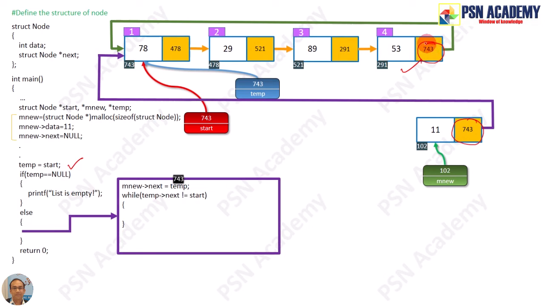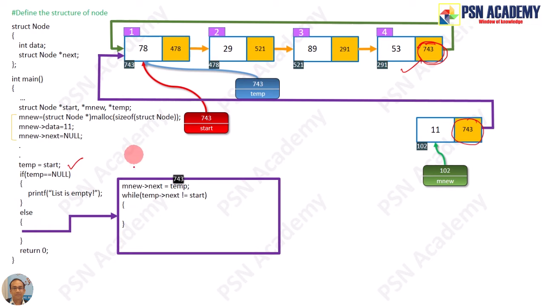So this is the only thing which differs from a conventional linked list, right? So to adjust the next pointer in the last node, we have to find out the last node first. So that is why we are running this while loop. I repeat, in a conventional linked list, this while loop was not required because the last node there was having the next pointer pointing to null. But here, the last node must be updated because a new node has been added, which will be the new first node.